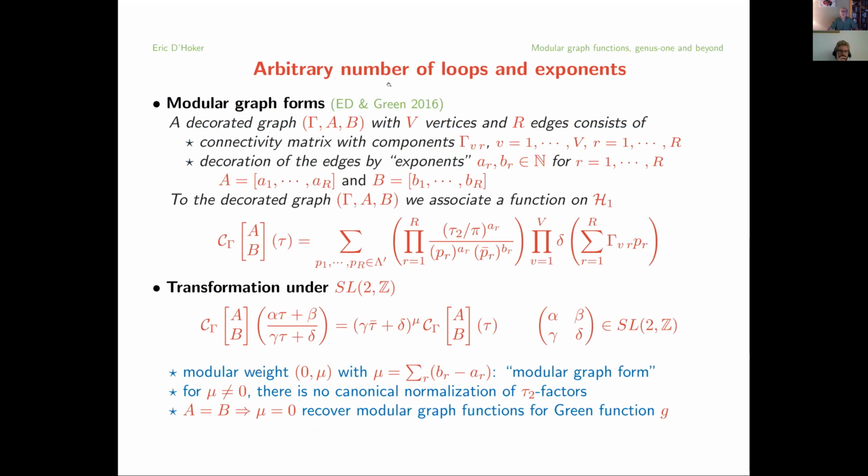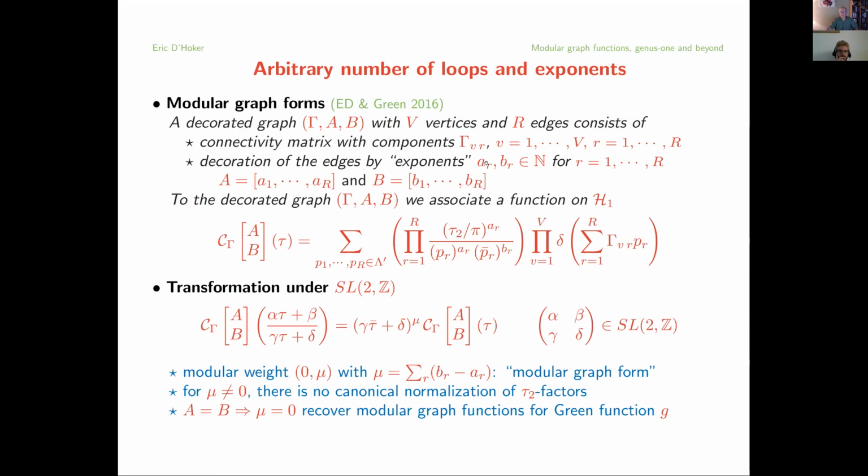Well, actually, you can generalize the set of functions that you want to consider. And that was done in a paper of 4 years ago with Mike Green. And for reasons you'll see in a second, we call these objects in general modular graph forms, because they're not modular functions, they're actually forms. So in a nutshell, what do we do?